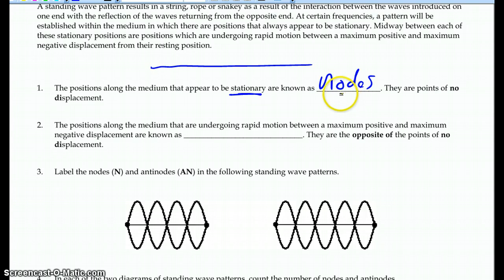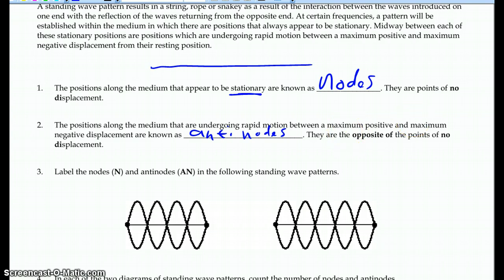The energy at that point essentially is being canceled by the reflection energy. At the same time, we're going to get points where the displacement is maximum, and they're the opposite of nodes, so we call those antinodes. That's going to be areas where the energy is actually working together to create a large amplitude.